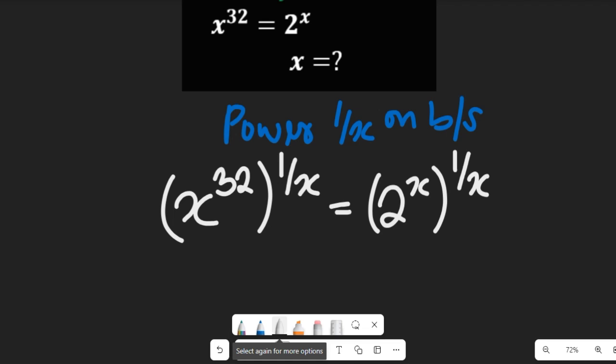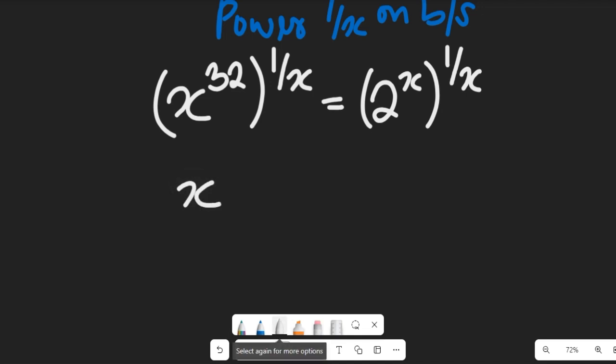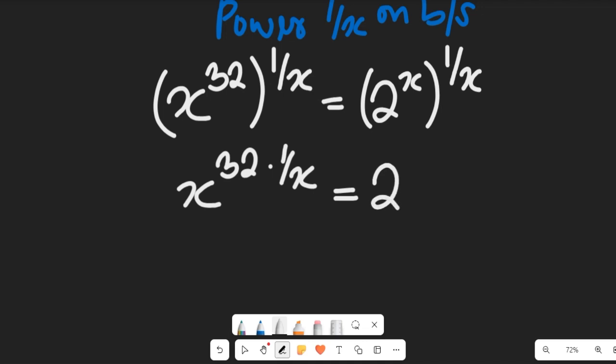That way we can clear out the x from the power on the right hand side. Using the law of indices, we'll have x to the power of 32 multiplying 1 divided by x equal to 2 to the power of x multiplying 1 divided by x.